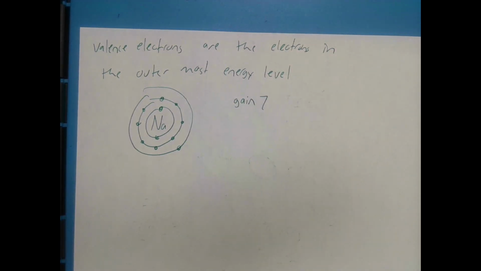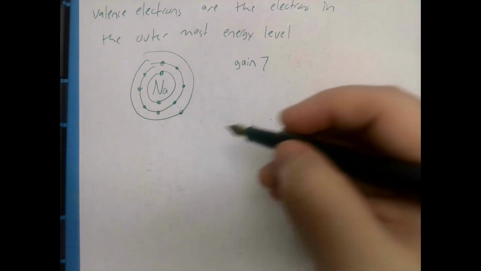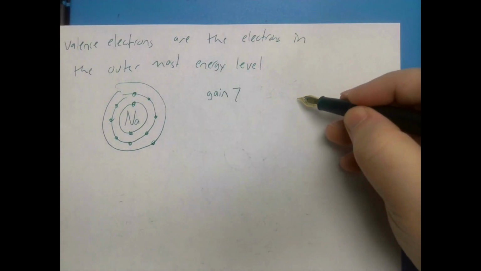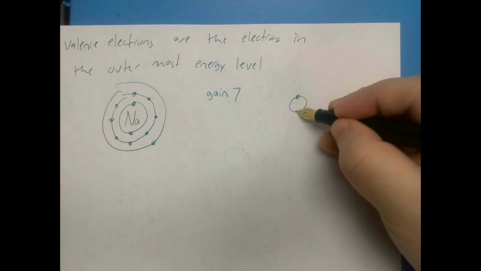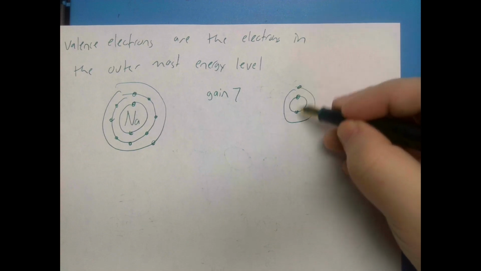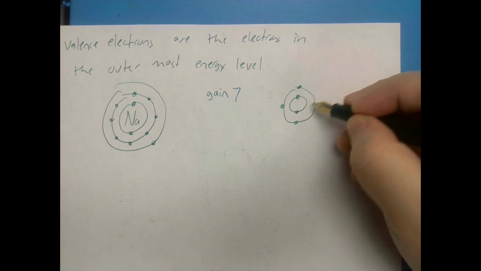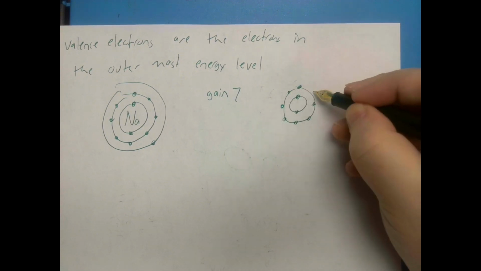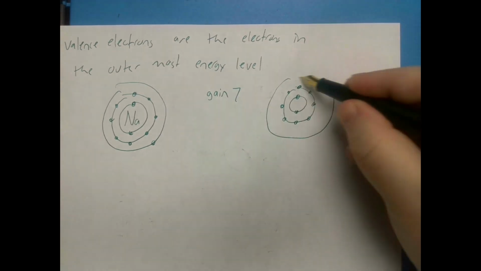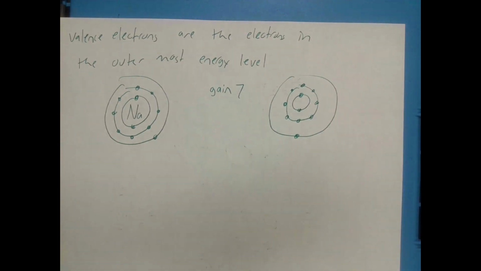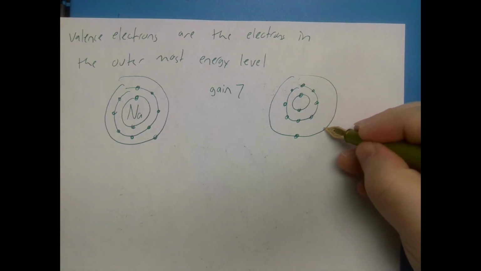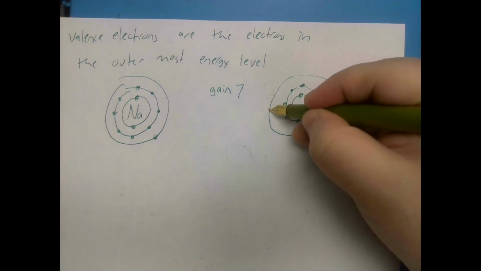Is there any other way it can get a full outer shell that has 8? Lose 1. I hope y'all see that. So it can gain 7.